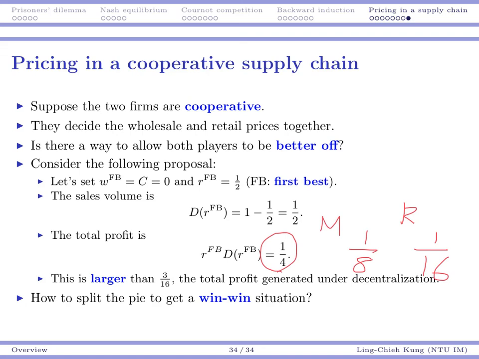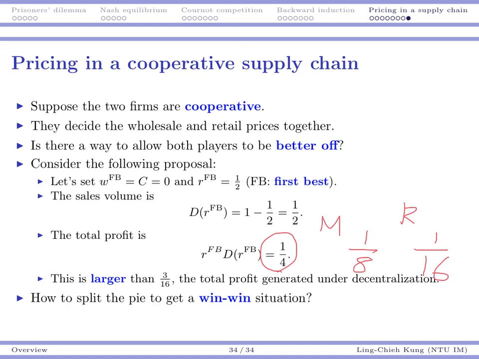At the end, I would like to invite you to think about a question. Previously, when we talked about corner competition, we said it's inefficient, but consumers like it. Consumers prefer the firms to be decentralized. Please think about whether consumers prefer a decentralized system in this pricing and supply chain problem.